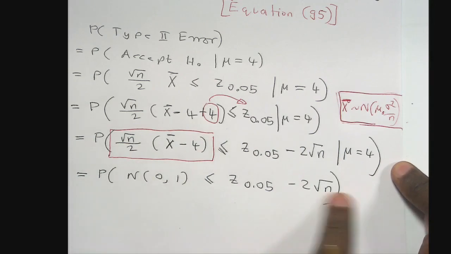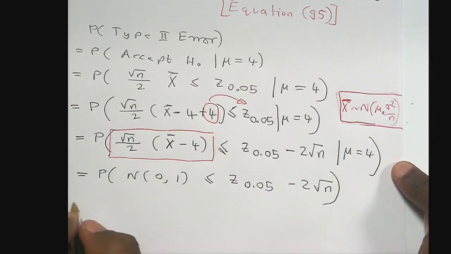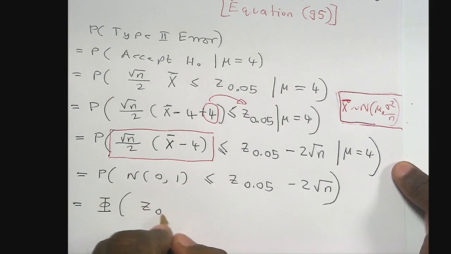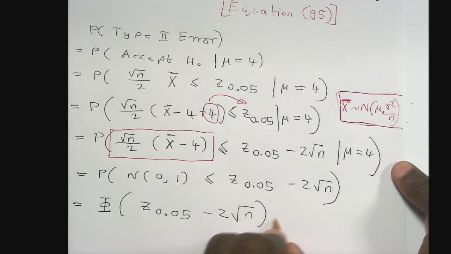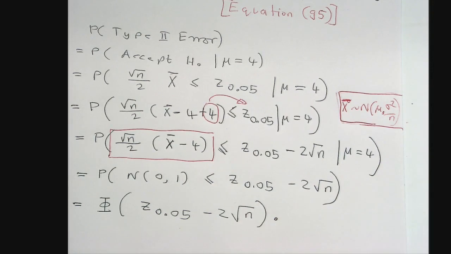So the answer is phi at this value, and this is the expression for the probability of type 2 error.